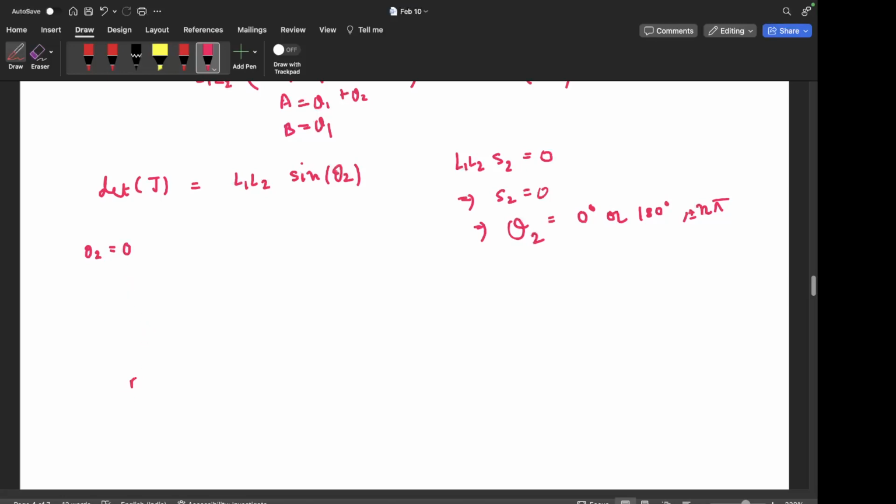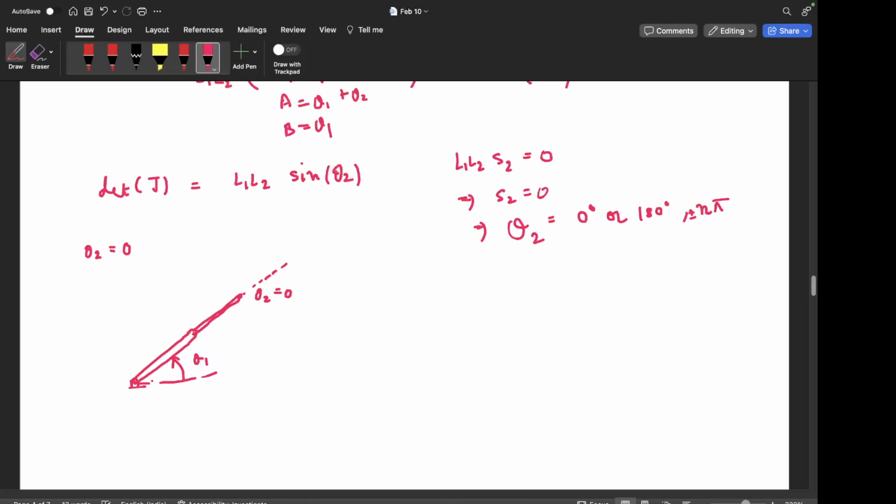Since there is no restriction on theta 1, we can put it at an arbitrary angle, and the second link is like this. So this is theta 1, and the second link is perfectly aligned with the first link. So theta 2 is 0, right?